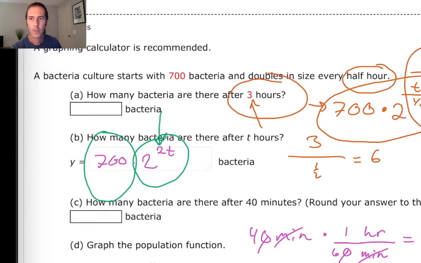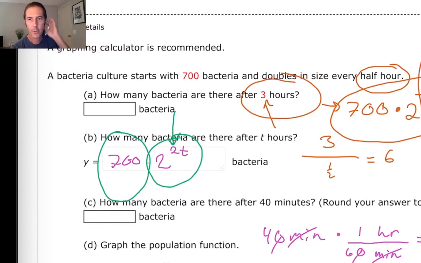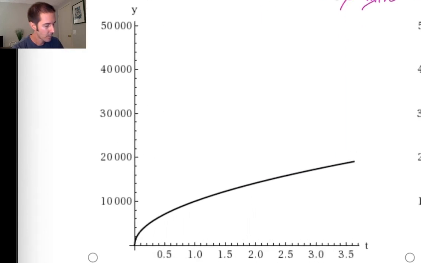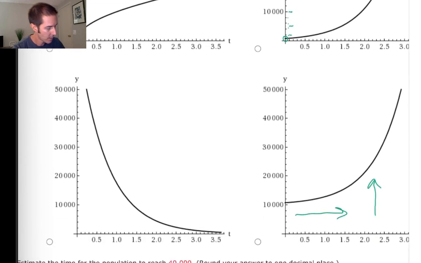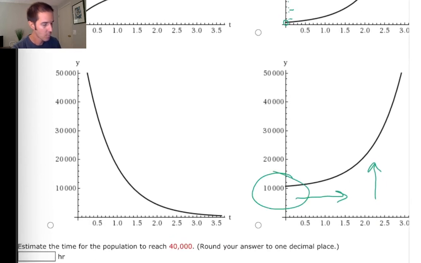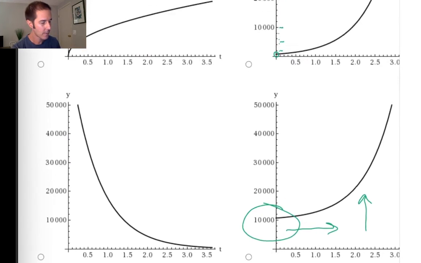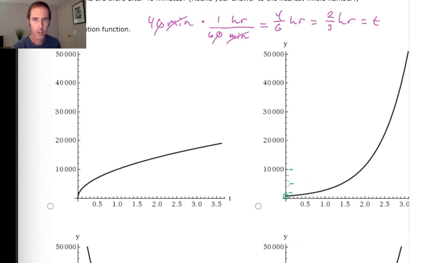Oh, I'm looking at the original question. A bacteria culture starts with 700 bacteria. That's less than 1,000. I think that's probably a good starting value. Let's look just quickly at this other one. Oh yeah, this is starting, that's more like 10,700. I don't think that's it. I think the graph in the top right corner, I think that's probably our right answer.